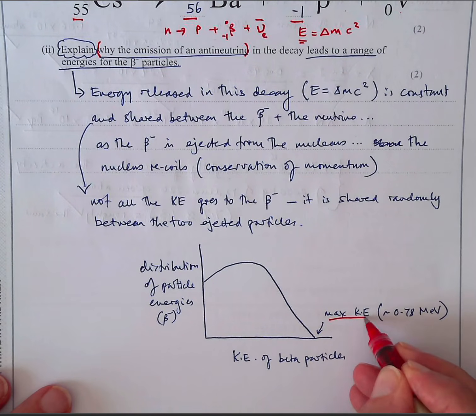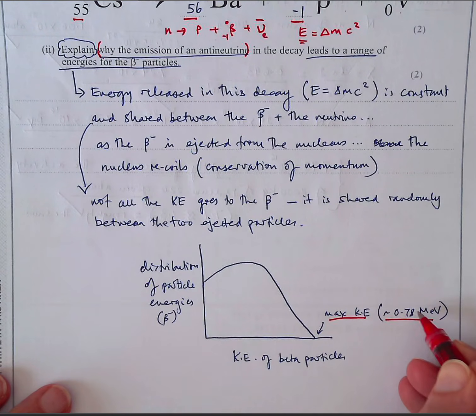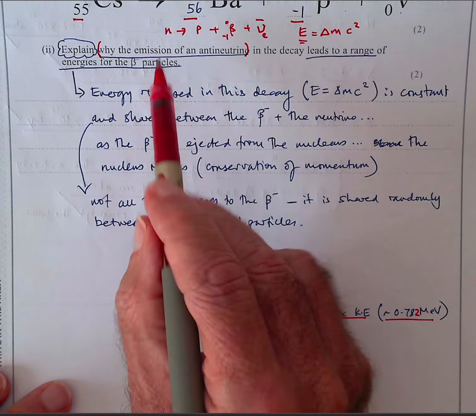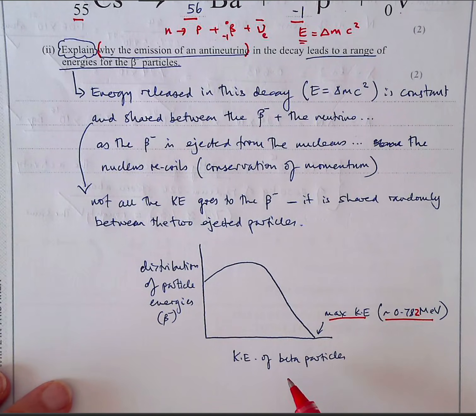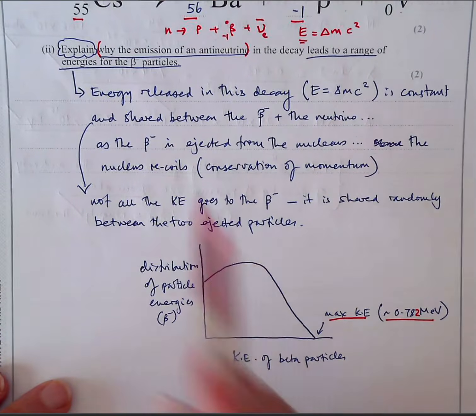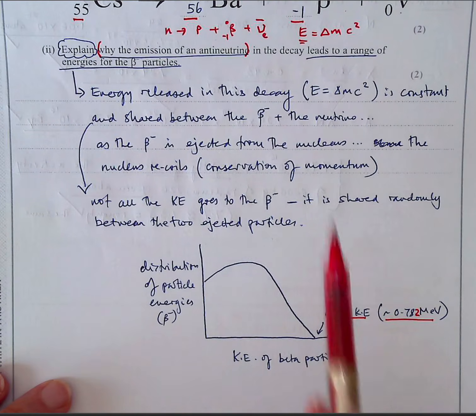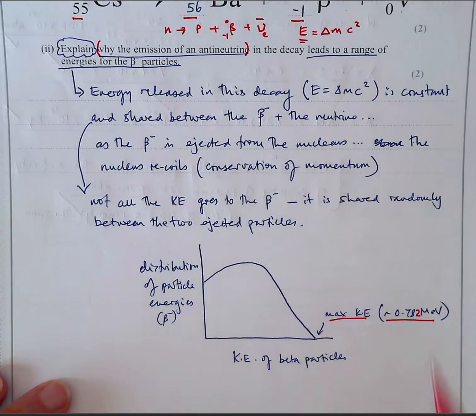Now the maximum energy mathematically, I think, is about 0.78 or 0.782 mega electron volts. So this is how much energy is released when a neutron splits into a proton and an electron. So the way they worded it, I think, is wrong. I would have said, explain why this decay leads to a range of energies of the beta particles. I wouldn't have put why the emission.